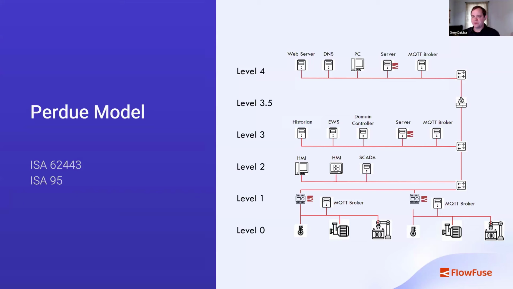So level 0 is your field network. Traditionally speaking, especially on legacy devices, these are things that are not on the physical layer of Ethernet. It's going to be your Modbus, EtherCAT, Profibus, DeviceNet, things that just don't look like Ethernet that are used for communication on those devices.